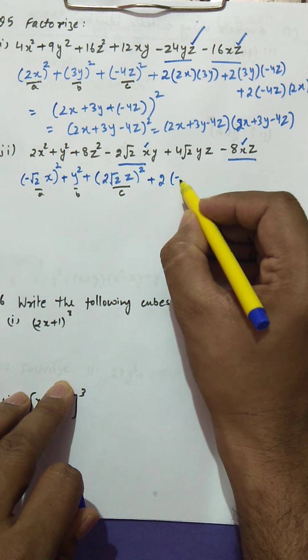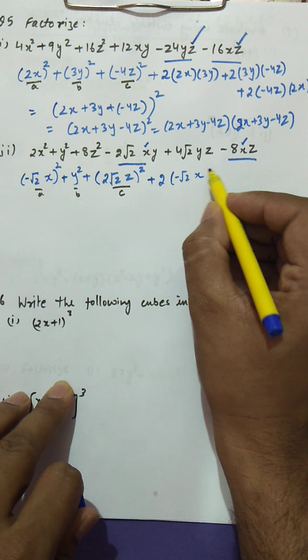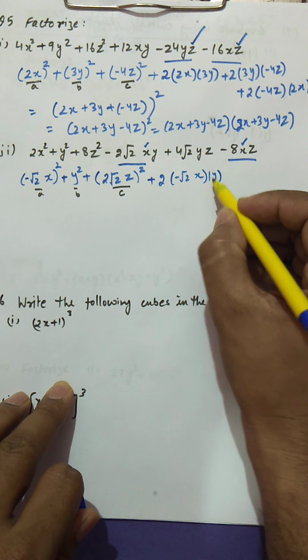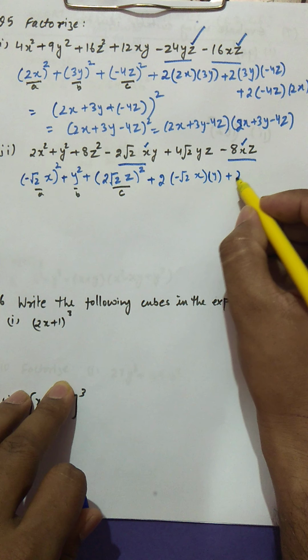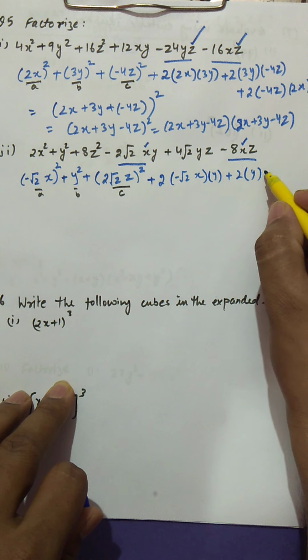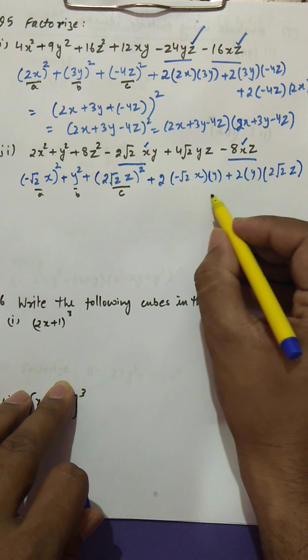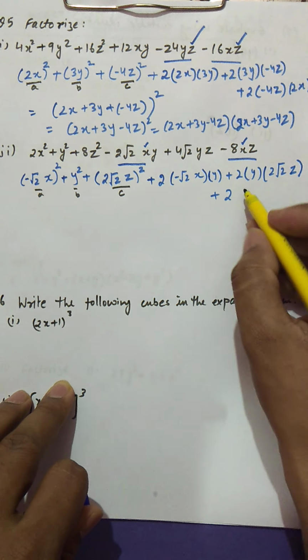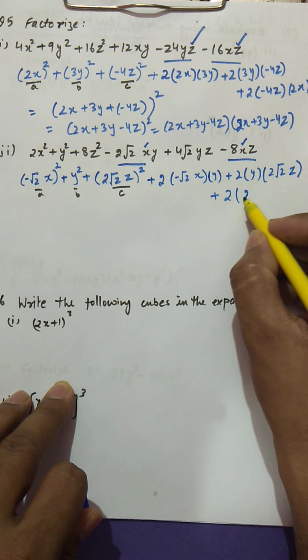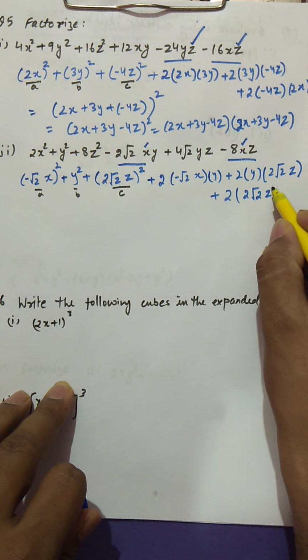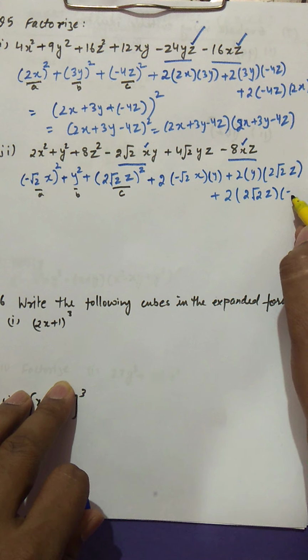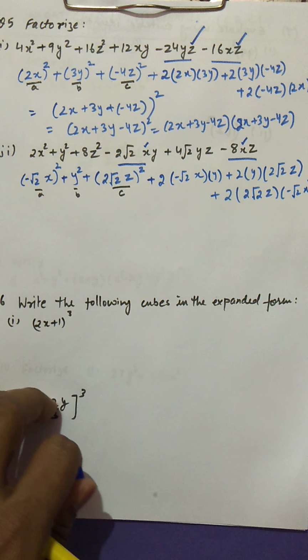ab means minus root 2 x and y, 2bc is 2y, and this is 2 root 2 z. Last will be 2ca, and this term is 2 root 2 z into minus root 2 x.